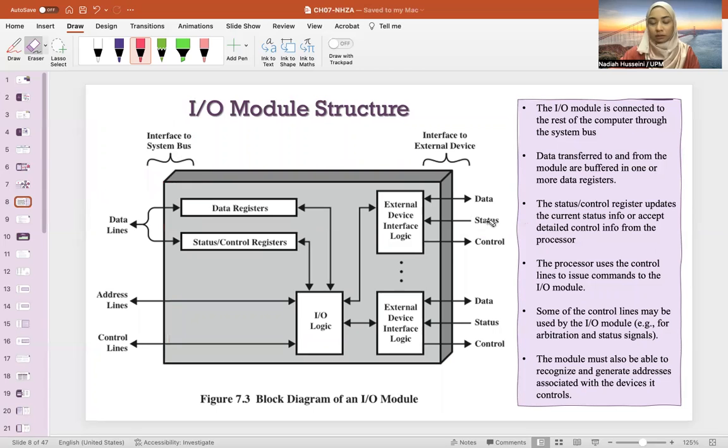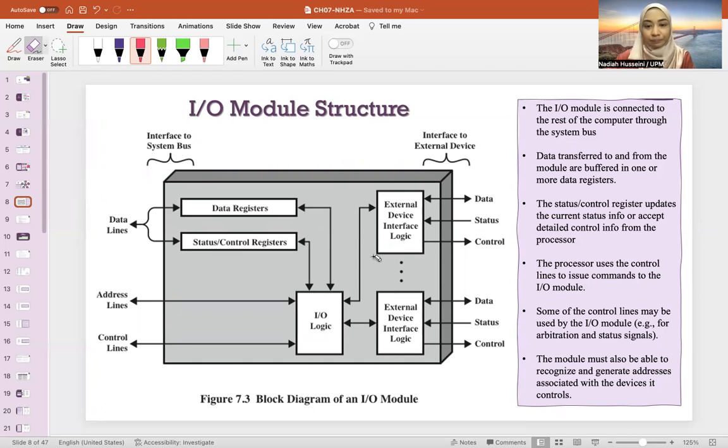Okay, so now we can see that we have a data register, we have a status/control register, and these two registers are connected to the data lines, which are bidirectional as well. And then we have our address line and control line connected to the I/O logic. The I/O logic is basically connected to everyone because it does the logic thing.